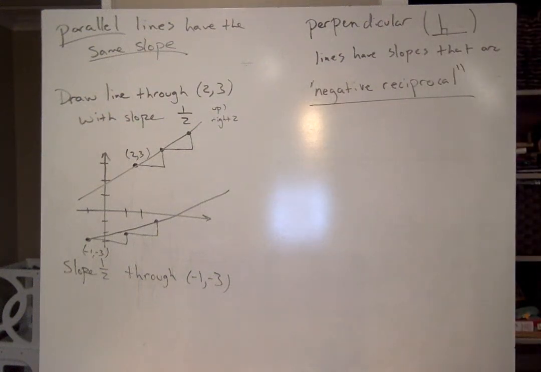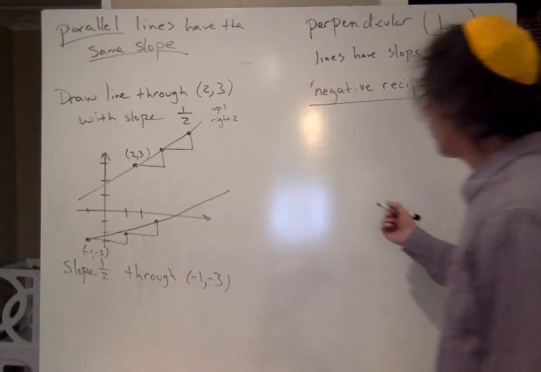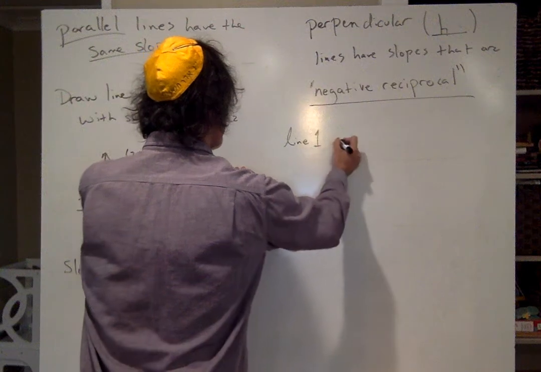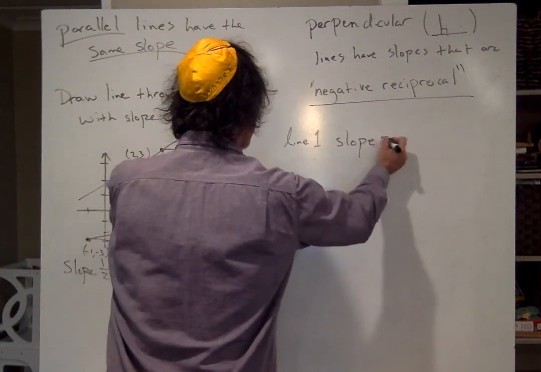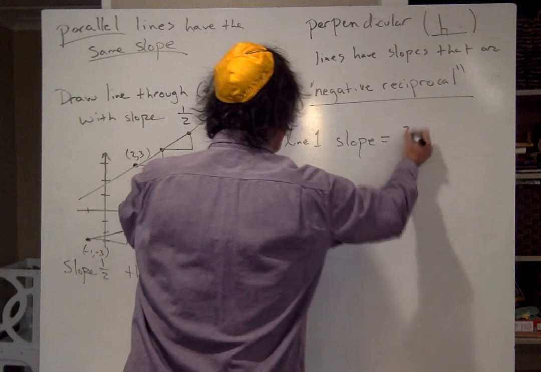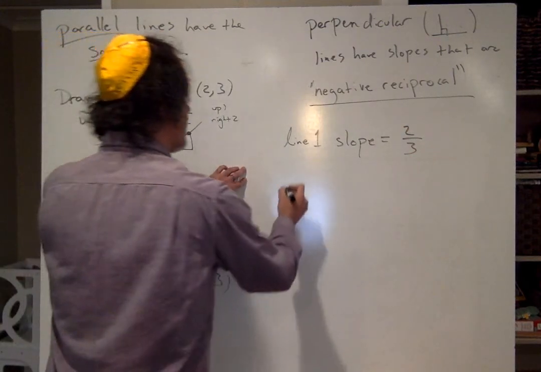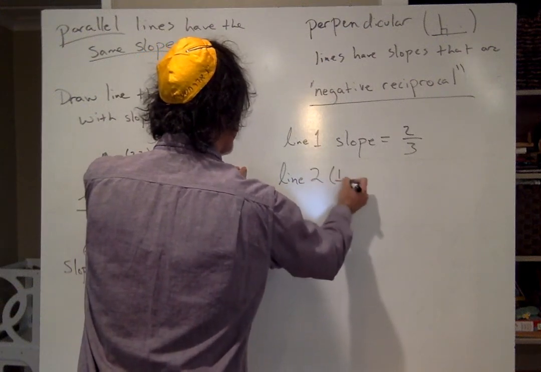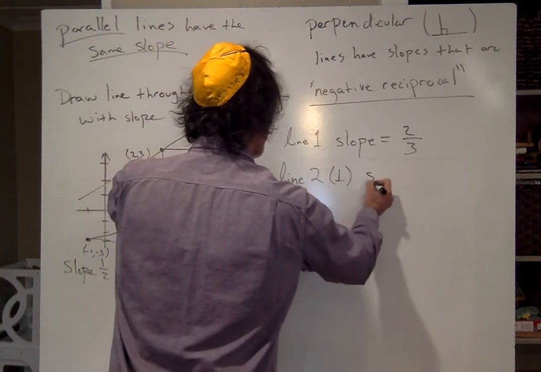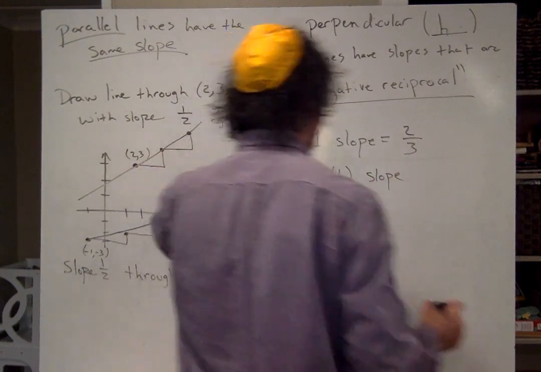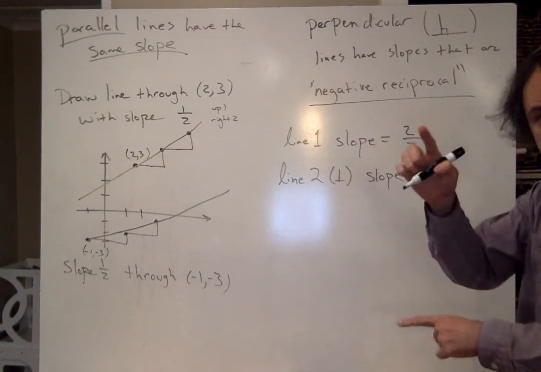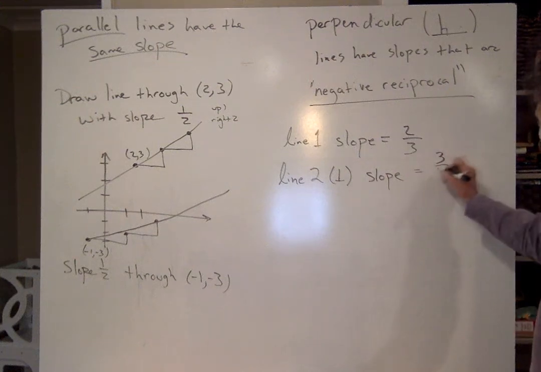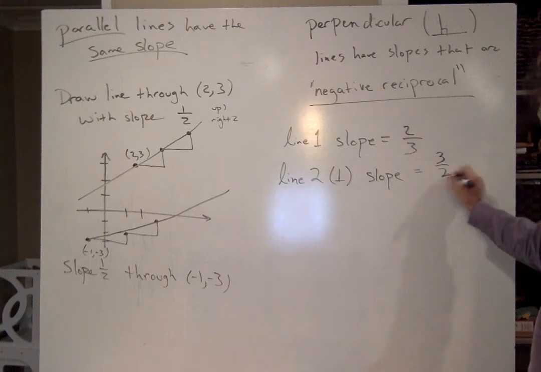What does that mean? Well, if line 1 has slope 2 over 3, then line 2, which is perpendicular, has slope... All right. The reciprocal means flip the fraction upside down. So it's 3 over 2, and I make it negative.